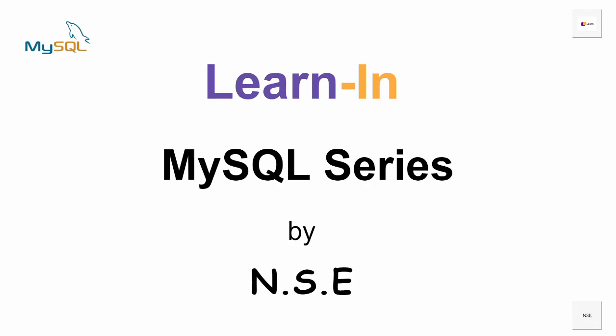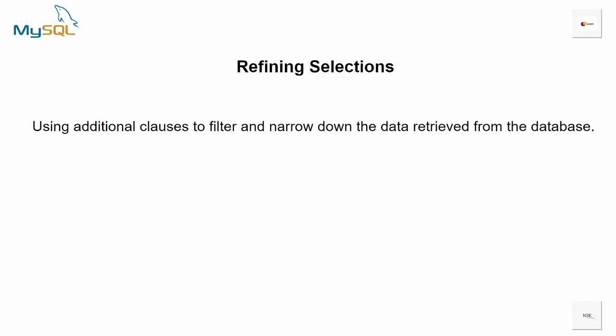My name is Nse. Today we are going to continue with refining selections. Remember that in the previous video we talked about refining selections, where we said that refining selections is using additional clauses to filter and narrow down the data received from a database.